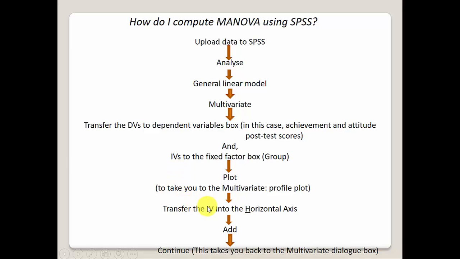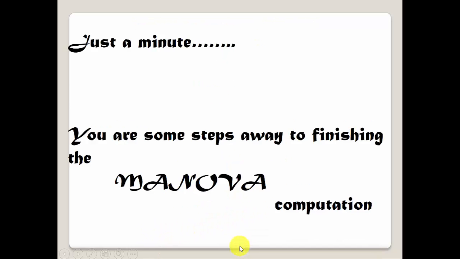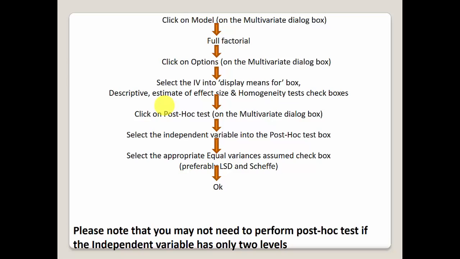There are some steps that I have highlighted, which also continue. Let's go to slide 9. MANOVA is a bit more complex, it takes more steps than ANOVA.